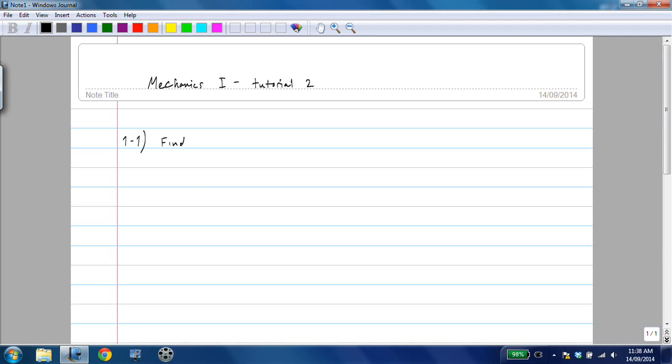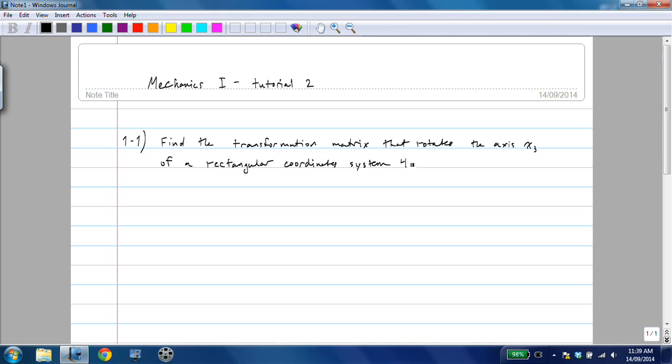You want to find the transformation matrix that rotates the axis x3 of a rectangular coordinate system, excuse me, 45 degrees toward x1 around the x2 axis.